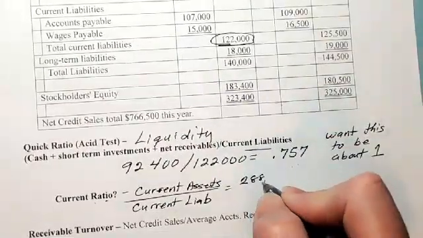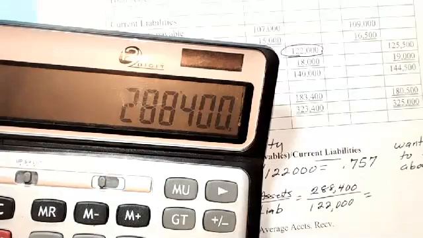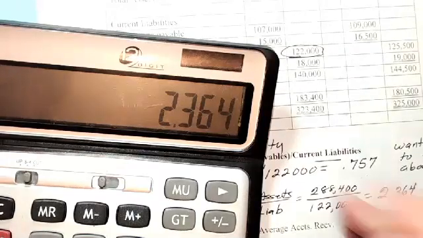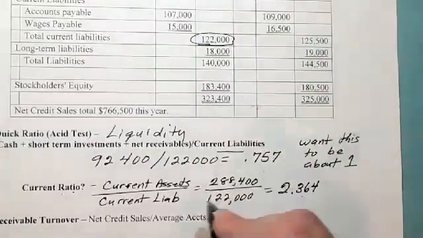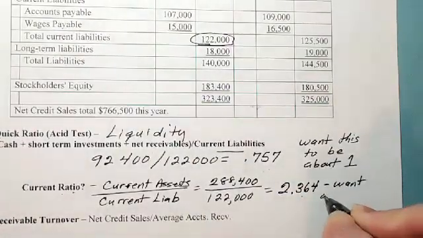You still divide by your current liabilities, 122. I come up with 2.364. If you remember, on your current ratio, you wanted that to be about 2.